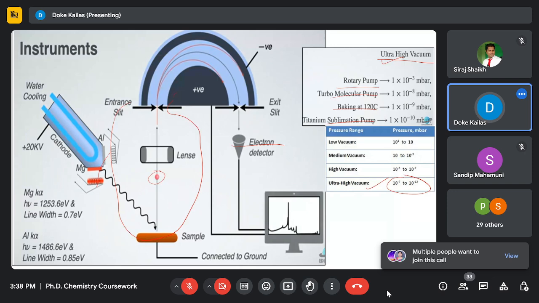Or using another technique, a titanium sublimation pump can also be used to get more and more vacuum to record the correct kinetic energy of photoelectrons.